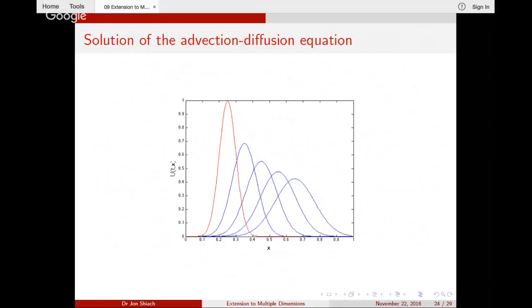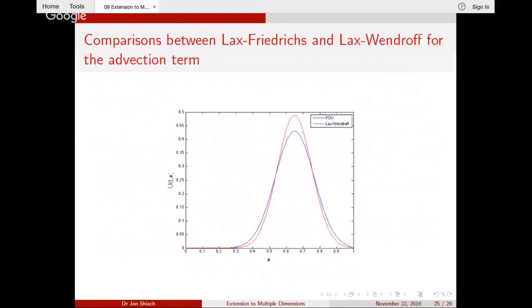But the problem is first order schemes are diffusing. How do I know that diffusion there isn't a property of the numerical scheme as opposed to the equation? So what I've done here is I've used a first order upwind, and Lax-Wendroff, which is second order.